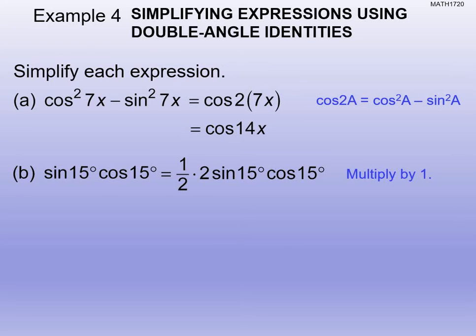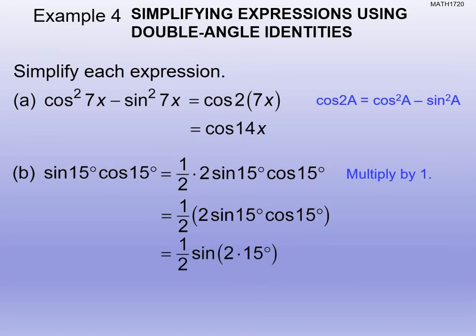Why do we need to do that? So that we have the 2 out in front, so that we can apply the double angle here. We can rewrite this as 1/2 times the quantity 2 sine of 15 cosine of 15. And we can rewrite that using the identity: sine of 2a is equal to 2 sine a cosine a.